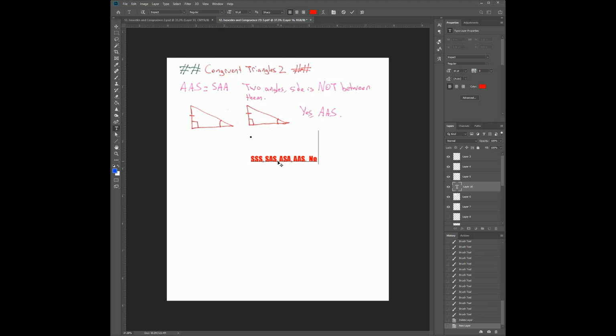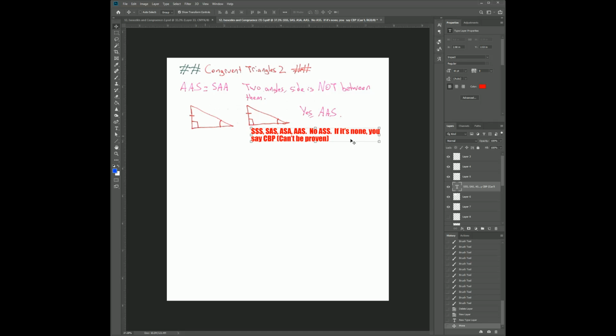And not angle, side, side. And if it's none of them, you say CBP, which is can't be proven. So just remember that. We're always just looking for those.